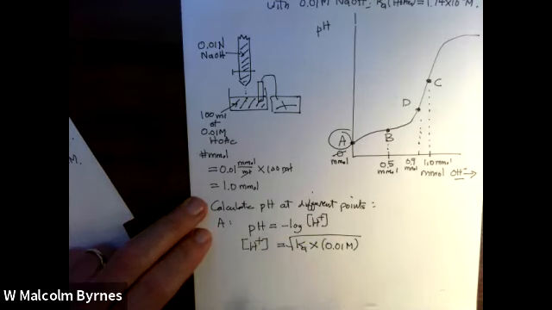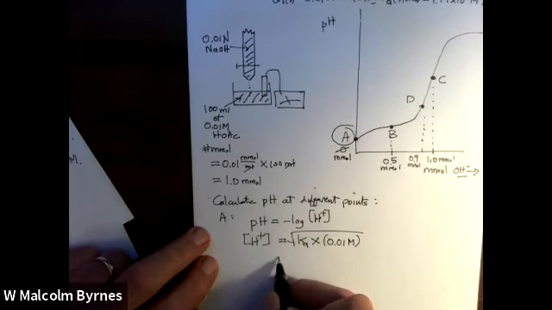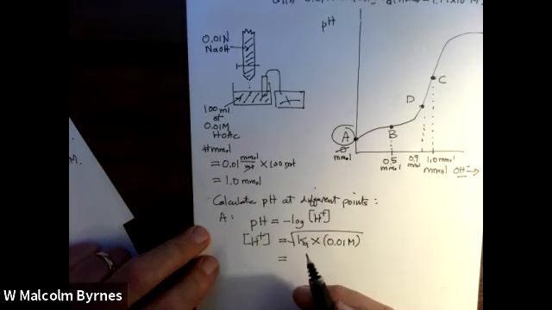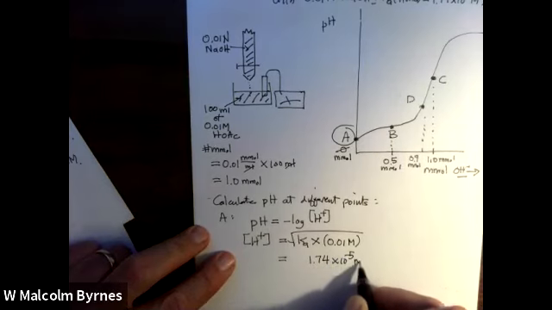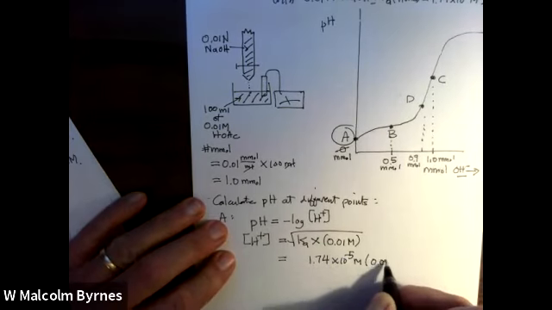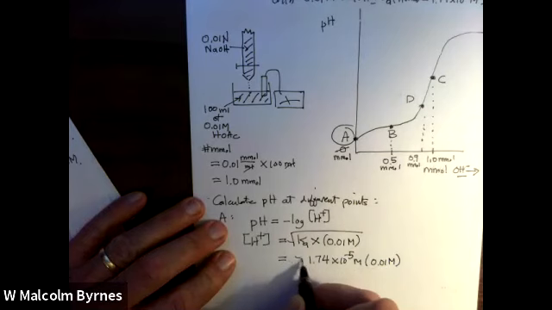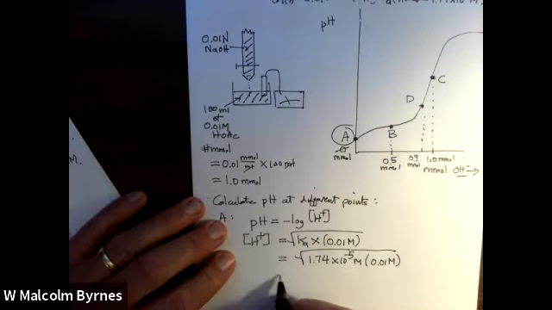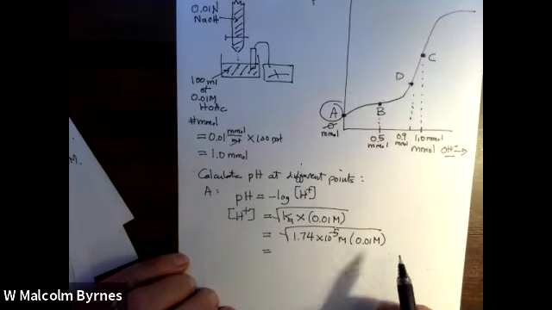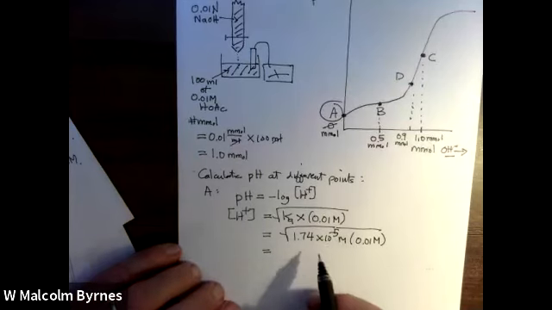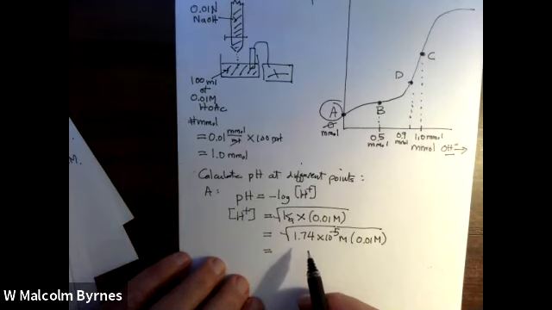And what is the Ka for acetic acid? We've dealt with this before, we know what it is. It's 1.74 times 10 to the minus 5 molar, times 0.01 molar, square root. The units are molar squared, so we take the square root of that and have units of just molarity.